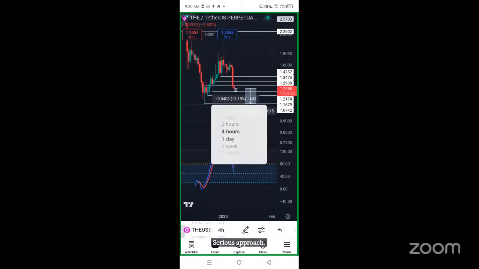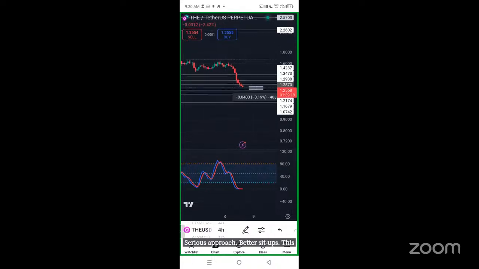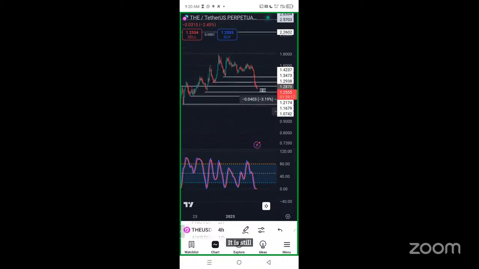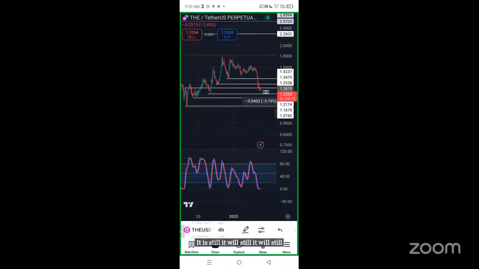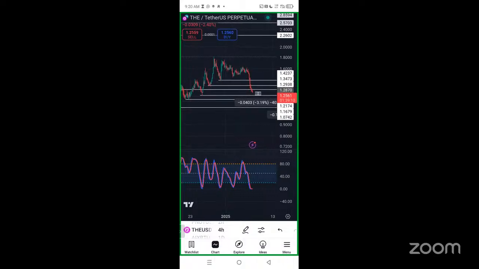Very serious. These new coins here, it will still drop.